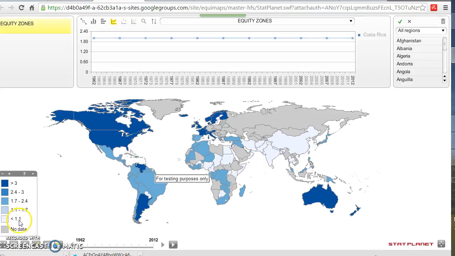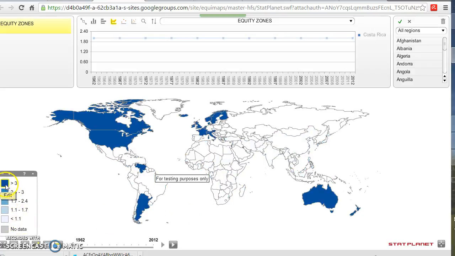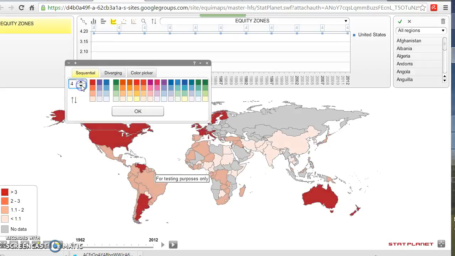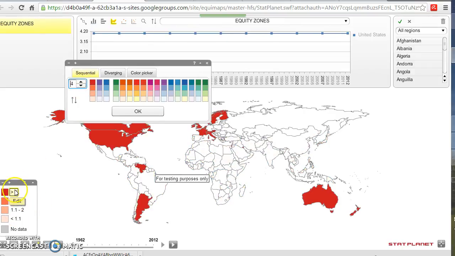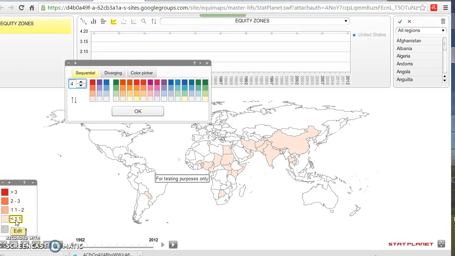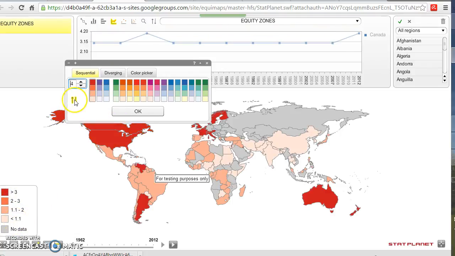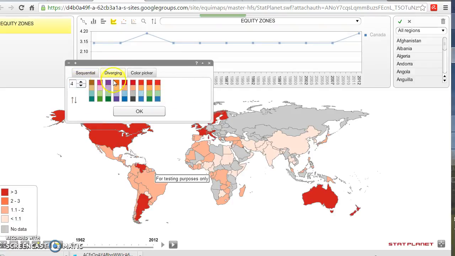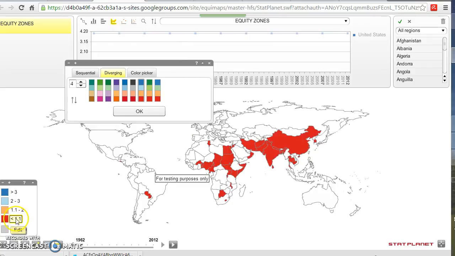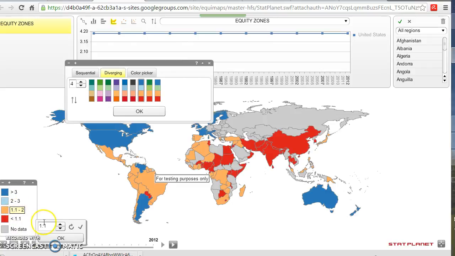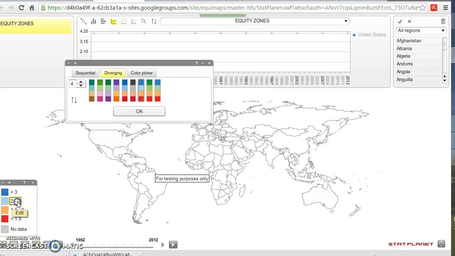So this is how it looks. As usual, you will need to redefine your legend a bit if you want a more coherent or more pertinent distribution. Here, let's put in, for instance, red. Here we are, the deficit zone below 1, but this should be below 2.